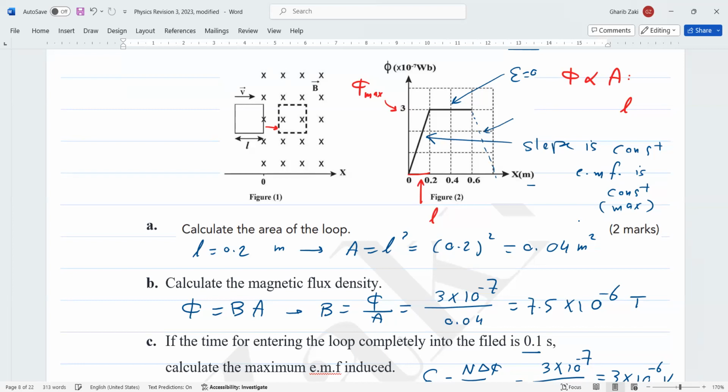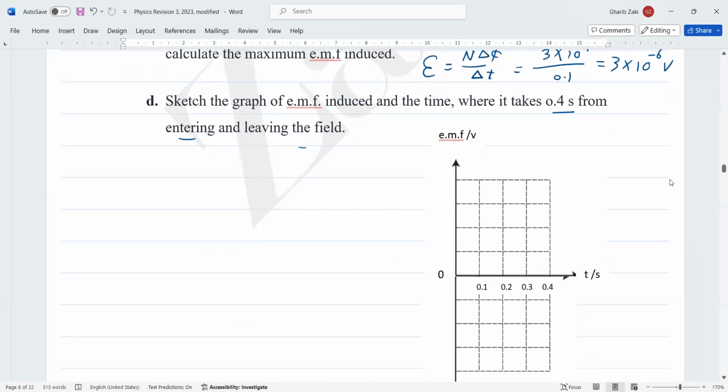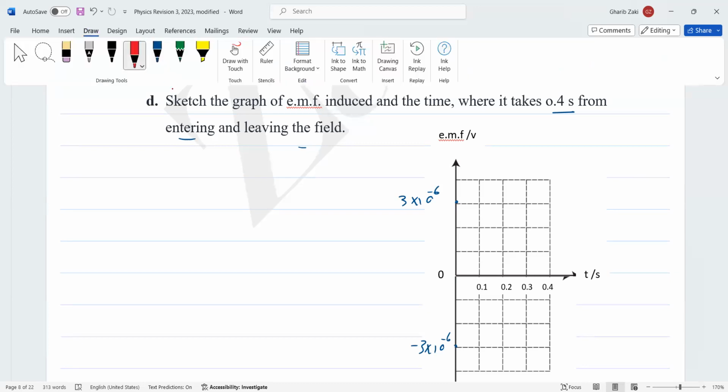And now, when the square leaves the magnetic flux, what will happen? EMF is induced in the opposite direction. It is the same value, but opposite. The maximum value is 3 times 10 to the power negative 6. So let this point be 3 multiply 10 power negative 6, and this point is negative 3 multiply 10 power negative 6. Of course, this is in volts. From 0 to 0.1, the maximum EMF is induced here.